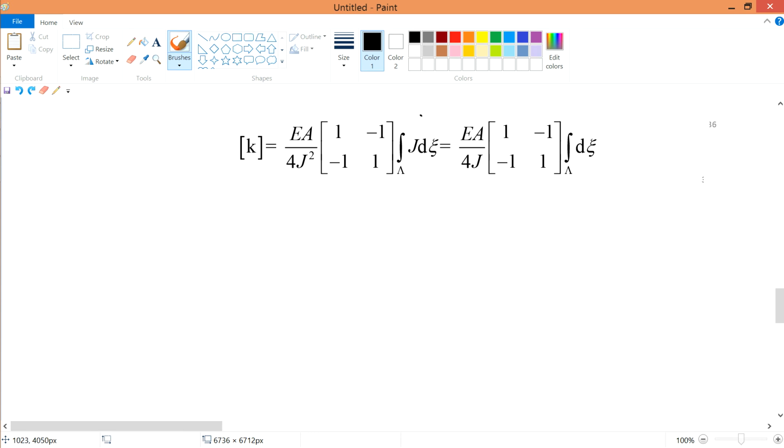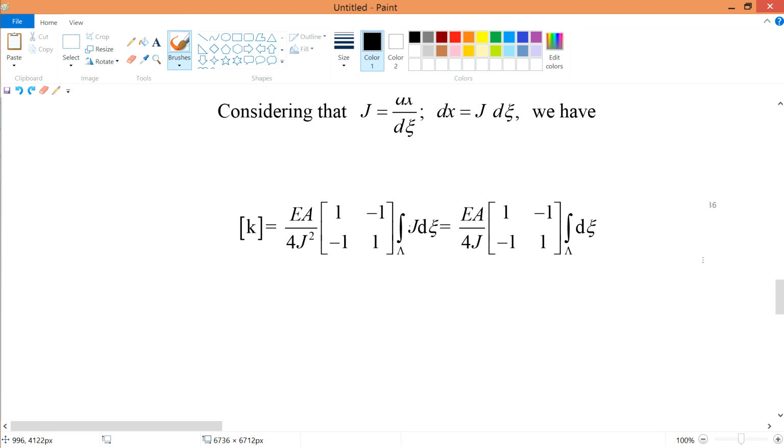Okay, so now I have this form first. Then when I see this, I see that there is a j over here, right? So this j can cancel out with this j over here. Therefore I have EA 4j, integrating from dc, integrate with the length lambda.